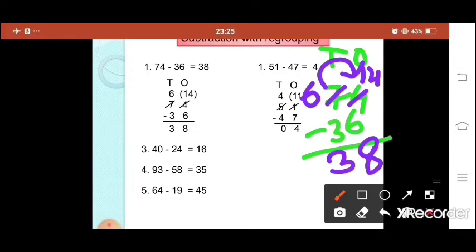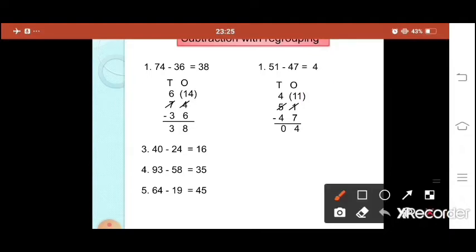If the unit place of the minuend is smaller than the unit place of the subtrahend, then we have to borrow from the previous place, the next place, that is the tens place. If the unit place number is less, we have to borrow from the tens place. If we do the next problem, it will be more clear.